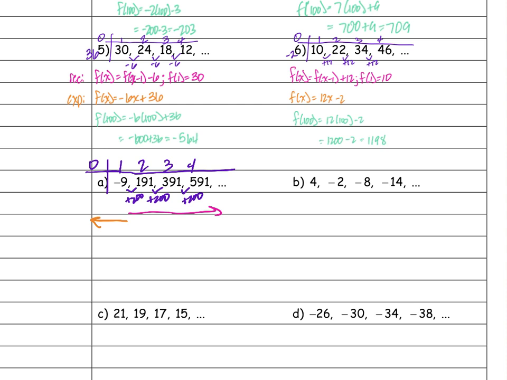So I'm going to say negative 9 minus 200 to get my 0th term. Negative 209. There you go. Perfect. Did that help a little bit? Yeah, thank you. You're so welcome.